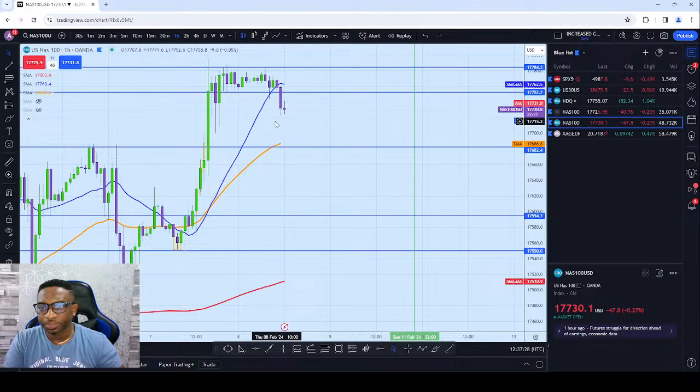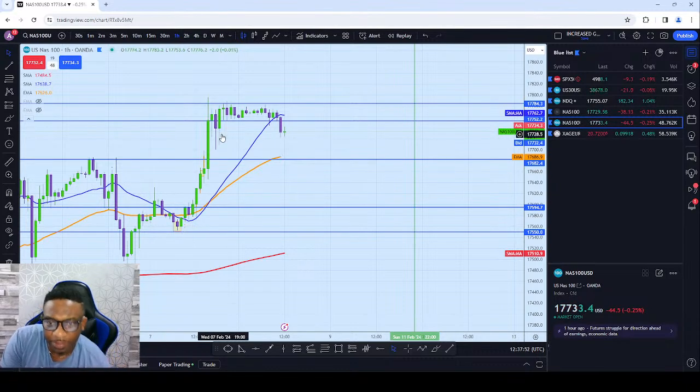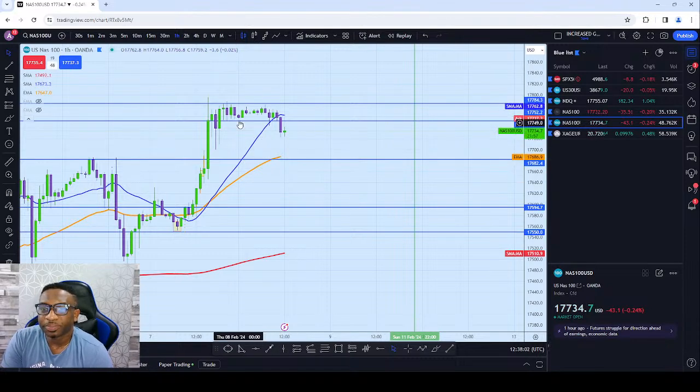So this is 750, and then price is just halting at this level. As we can see, this is the blue line. This is the 1 hour chart, so we're just doing a quick analysis. This is where it was in the narrow state before it shot up. So here we are in the wide state.